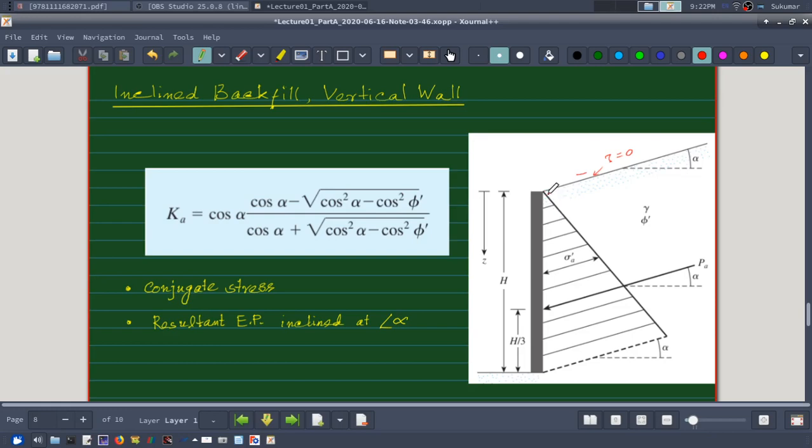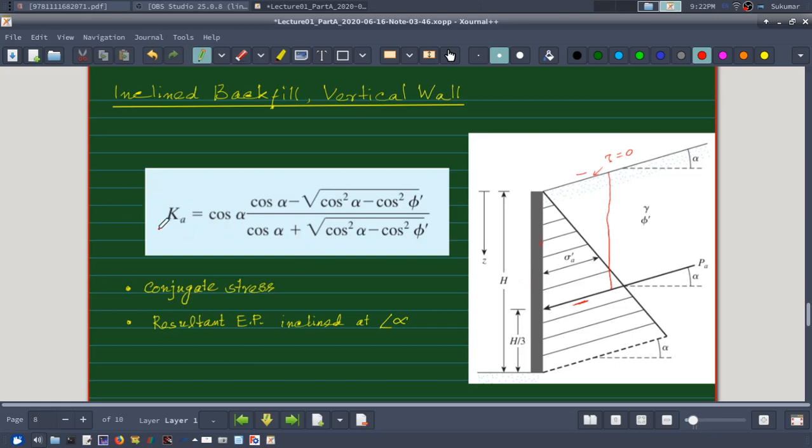And Rankine theory assumes that the wall is frictionless because it has to be a principal plane, so there is no shear stress here also. In the same manner, I will have a soil element where this will also be a shear stress free plane, and these will be principal planes, and therefore my earth pressure now will be inclined at this angle, which is again alpha. And from the principle of conjugate stress, this equation can be derived.